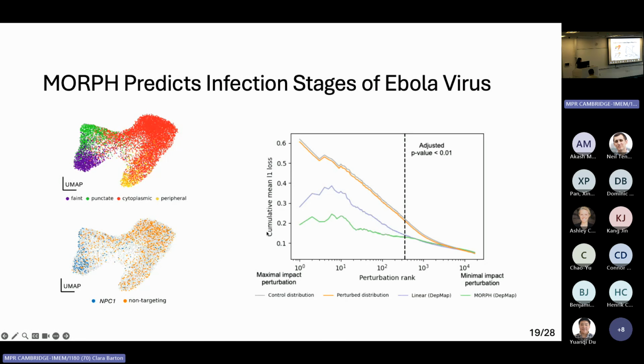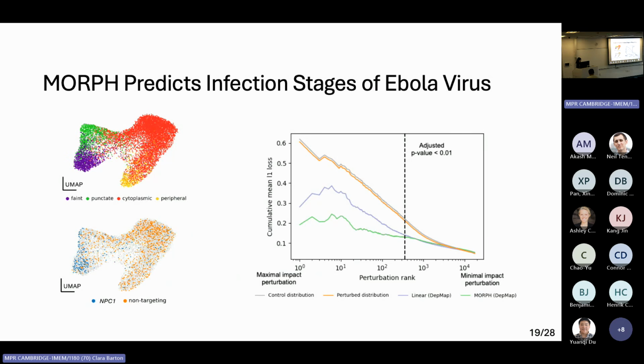You can see that MORPH, in the green bar, has a much lower loss compared to the baselines, especially on the perturbations where the effect is most obvious compared to non-targeting. Whereas if you move to the perturbations that don't change the proportion of different stages much, non-targeting as well as the other baselines are not so different.